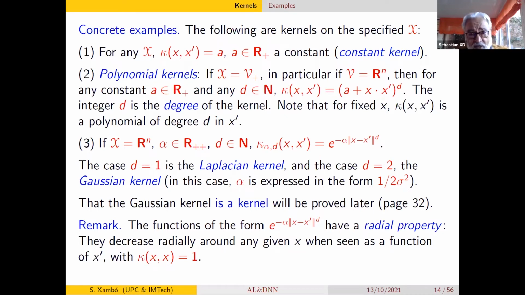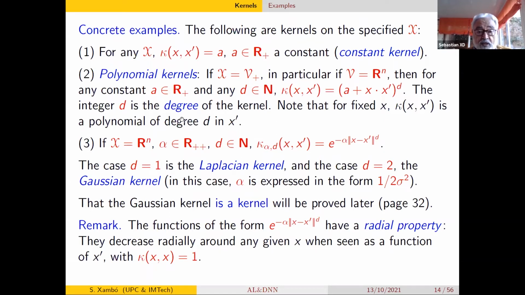Polynomial kernels: if X is a semi-positive inner product space, in particular if it is Euclidean space, then for any non-negative constant A and any exponent D, kappa of x, x prime equals (A plus x dot x prime) raised to the D is a kernel.